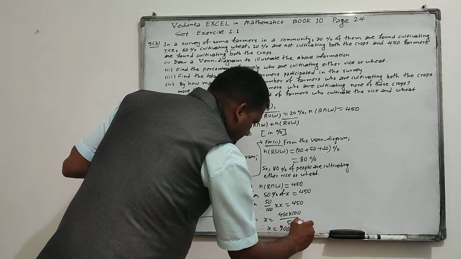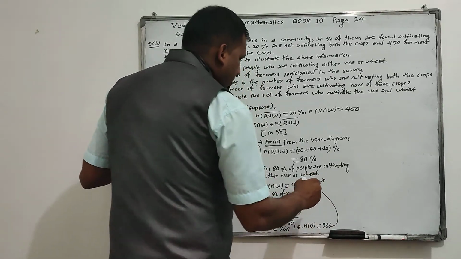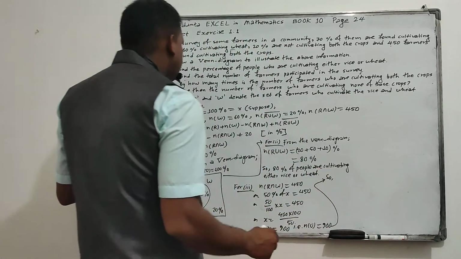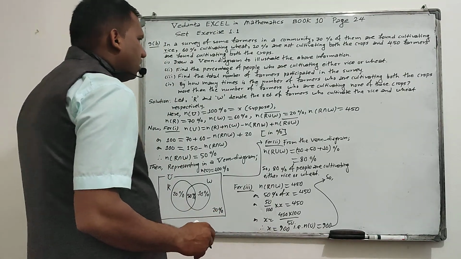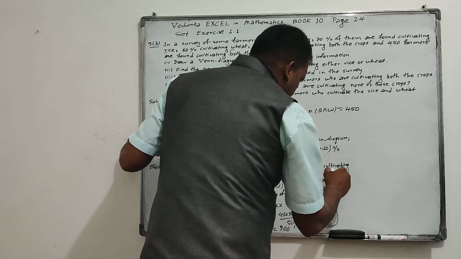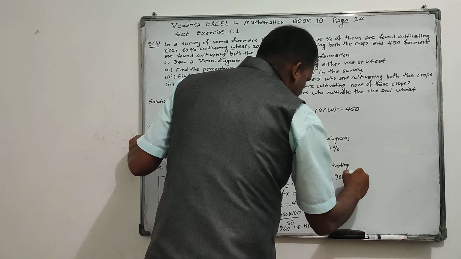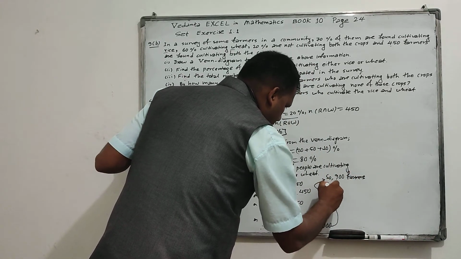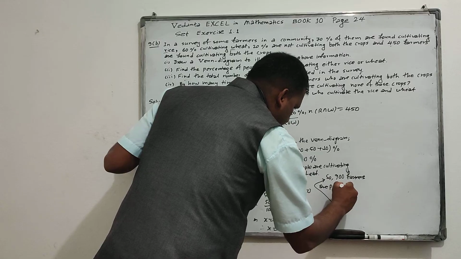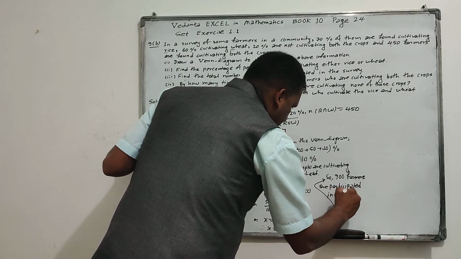That is number of U equal to 900. So total number of farmers participating in the survey is 900.